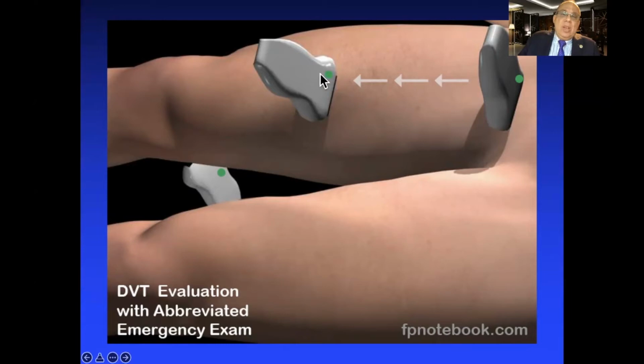At the beginning, we only studied 2 points, 2 regions, one here in the inguinal and the second in the popliteal area. But more recently, the recommendation is to perform 3 points. We will see the different recommendations that we have for the place and how many regions or points we have to study.